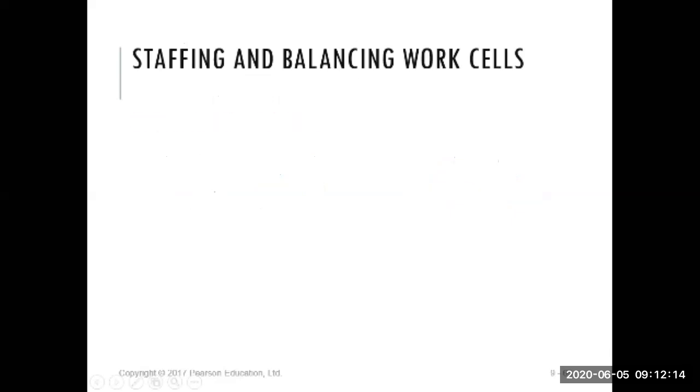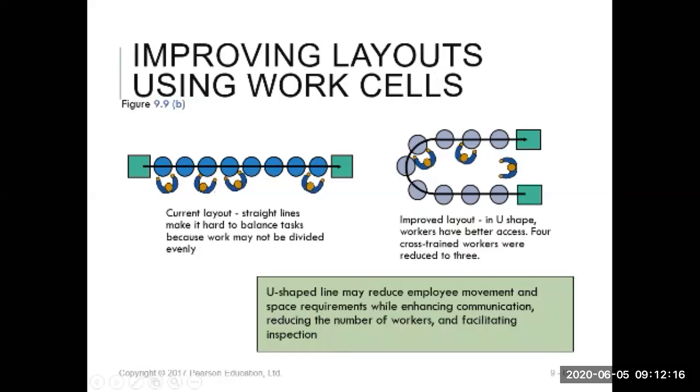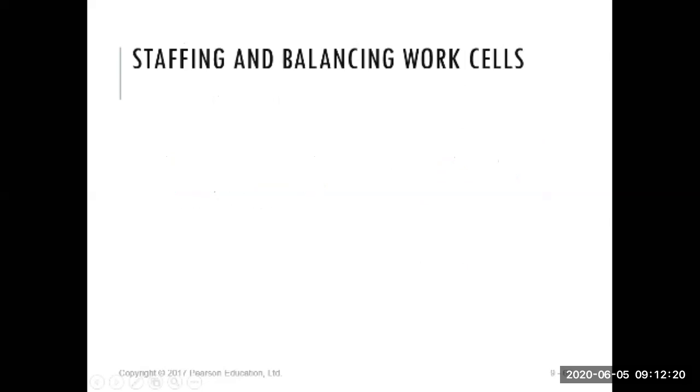So we have to improve the work cells. In the work cells, the most important thing is how we staff and balance the work cells, to make sure that all the workers produce at the same time. Determining this involves 2 steps.